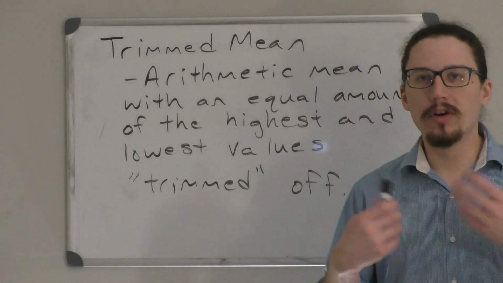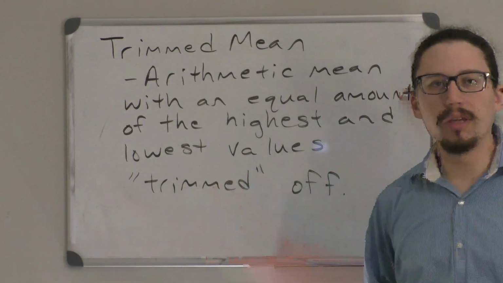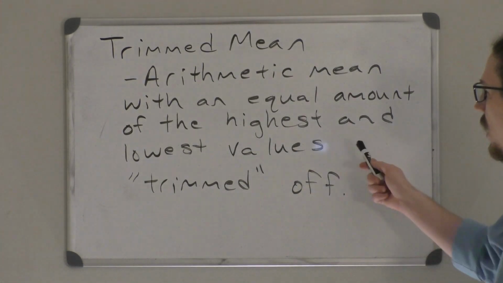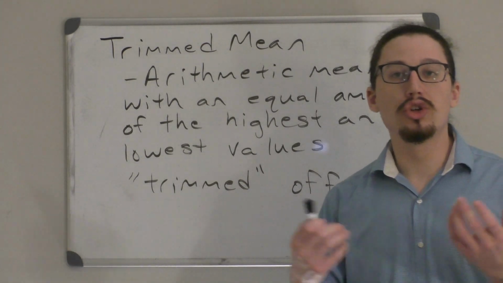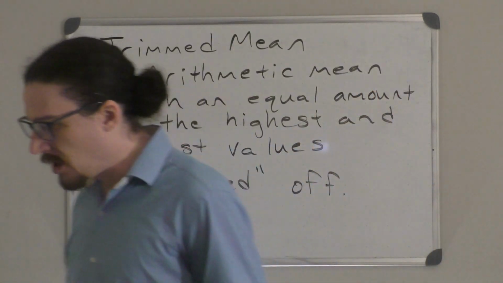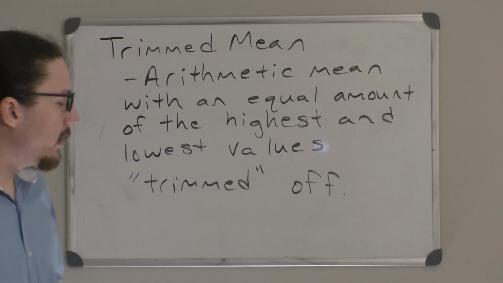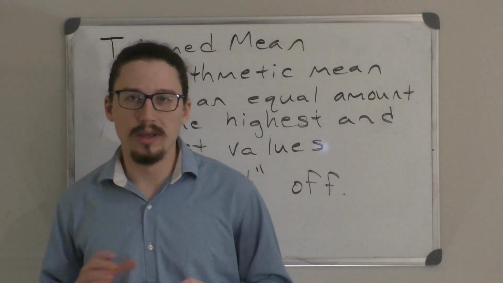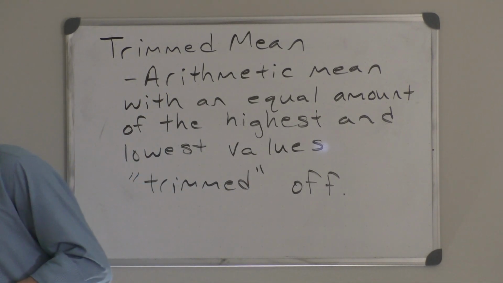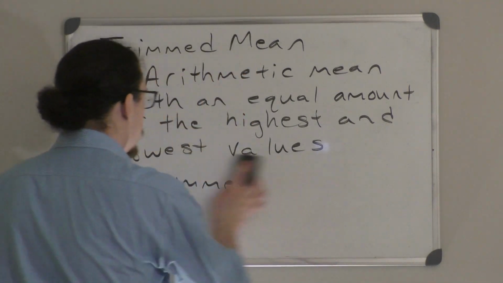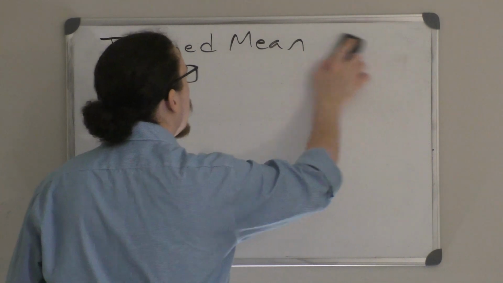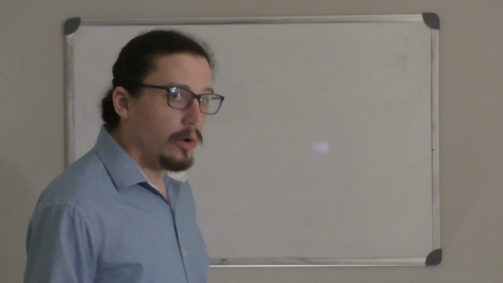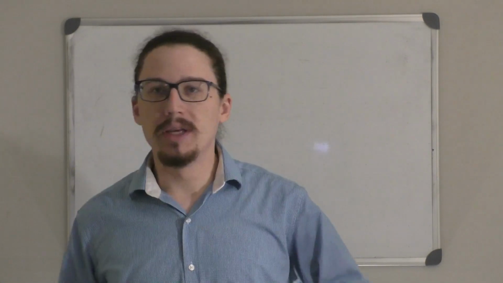The trimmed mean is a little bit more involved than the other two, but it is a version of the arithmetic mean. It's an arithmetic mean with an equal proportion of the highest and lowest values trimmed off or cut off. So we're going to have to do a little bit more work, not a whole lot more than with the arithmetic mean, but a little bit. I'm going to go ahead and put some data up here before we get into it.